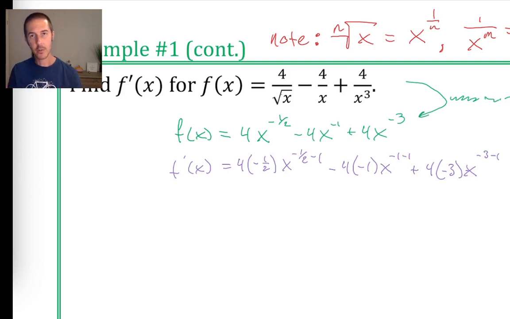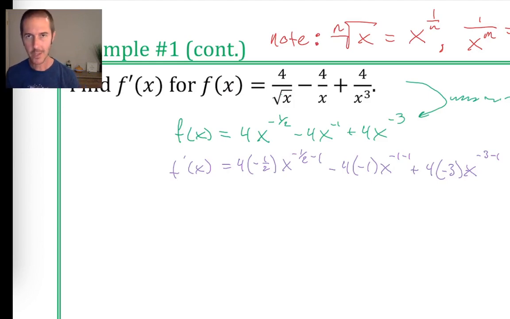So the exponent times the coefficient, decrease the exponent by 1. Say it with me now. Take the exponent, multiply it by the coefficient, and then decrease the exponent by 1. That's what I just did 3 times in a row here.